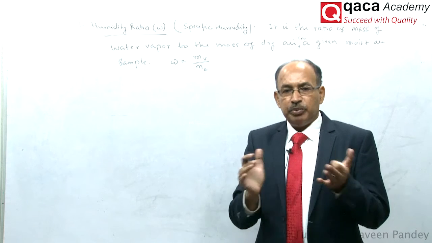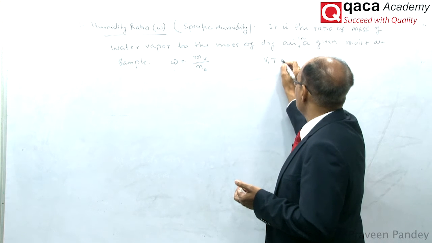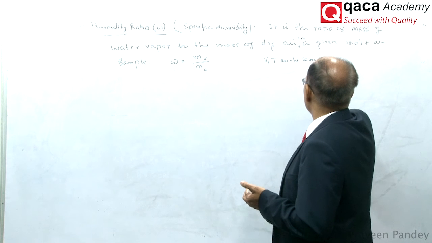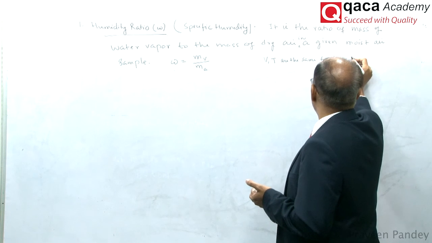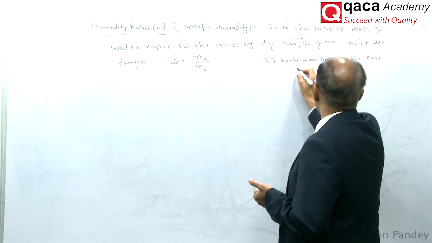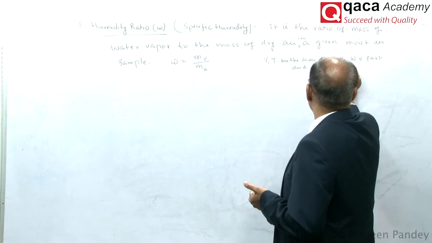When the sample is the same, that means V and T are the same for both the water vapor part and the dry air part.